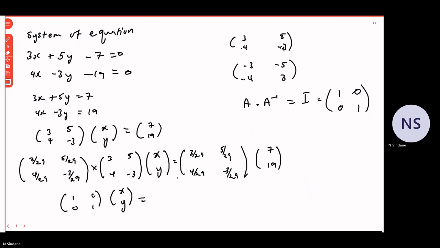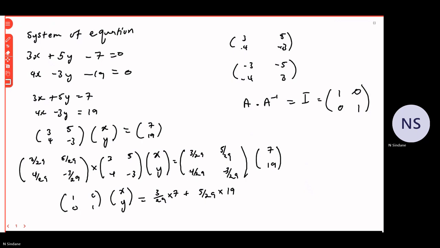And this is equal to, now, I need to multiply this and that. When I multiply this and that, I'm going to have 3 over 29 multiplied by 7, plus 5 over 29 multiplied by 19. Right?